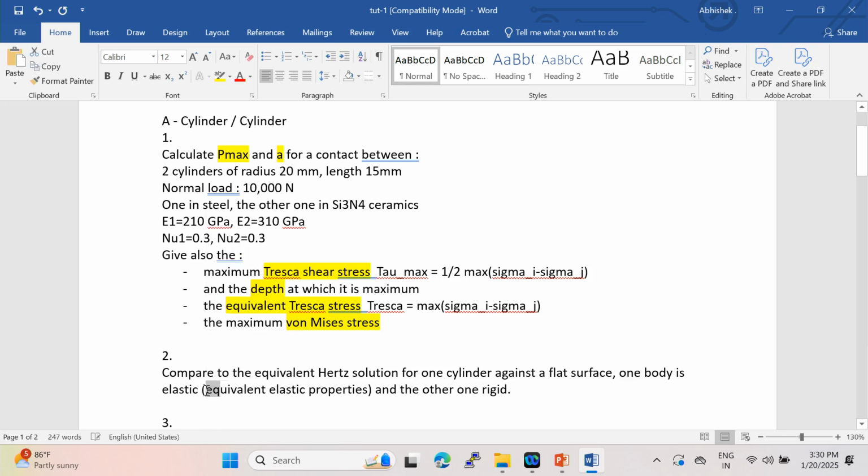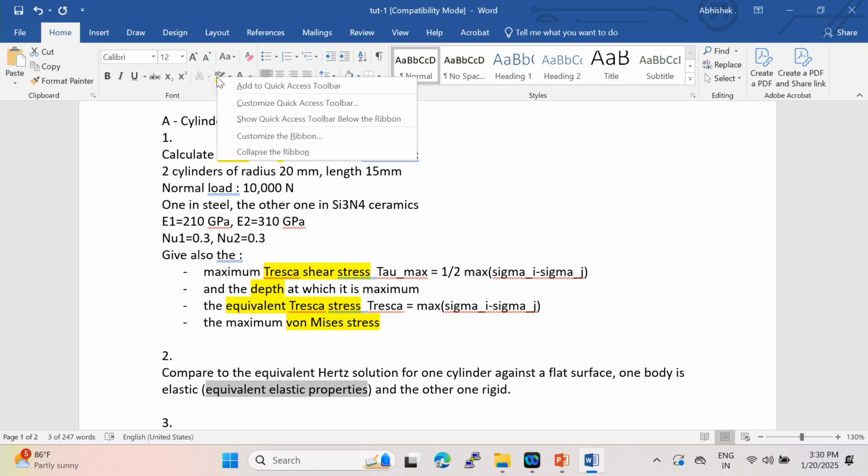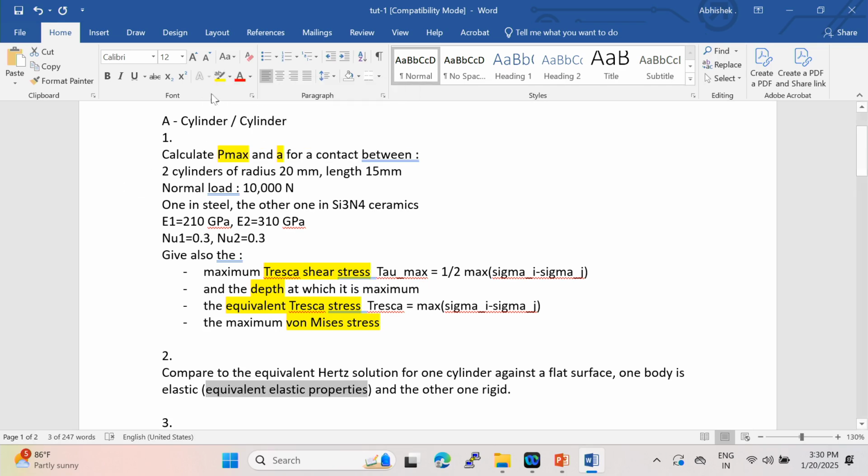And the question here is to calculate correctly the equivalent Young modulus, and also the equivalent radius of the cylinder.